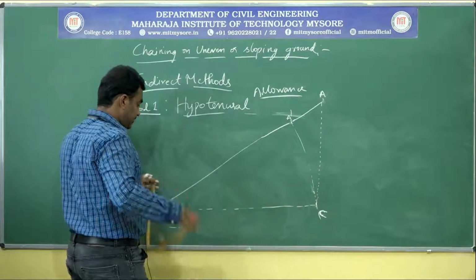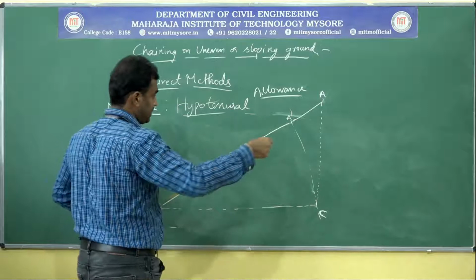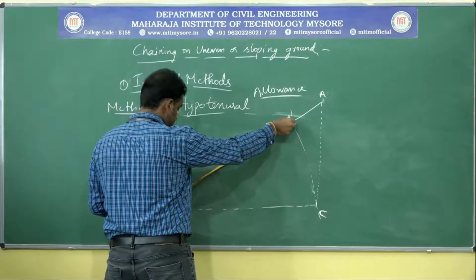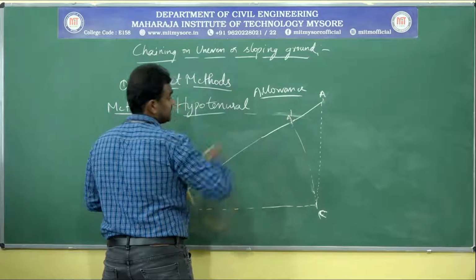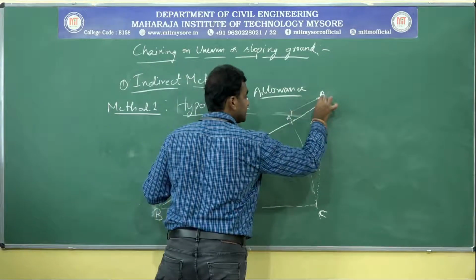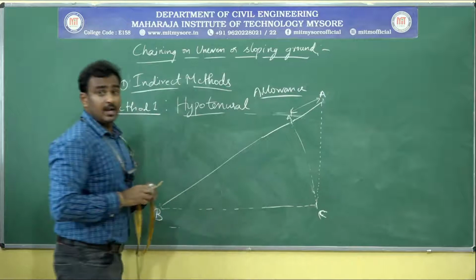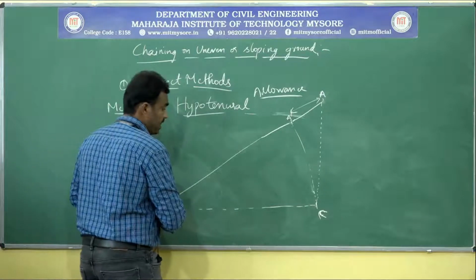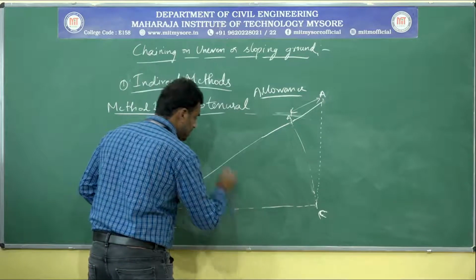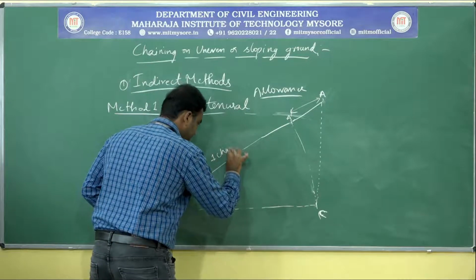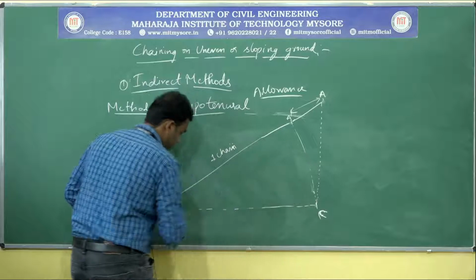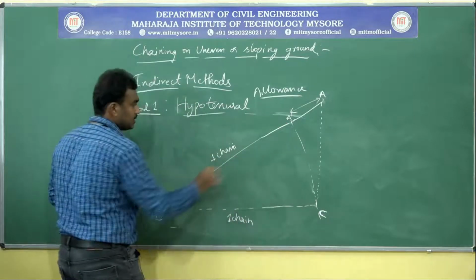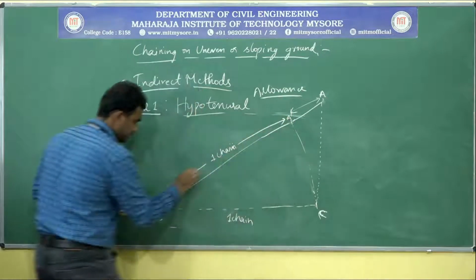That means if I stretch one chain length on the sloping ground, plus this distance will be considered as we have moved forward a one chain length in horizontal. From here to here it is one chain.